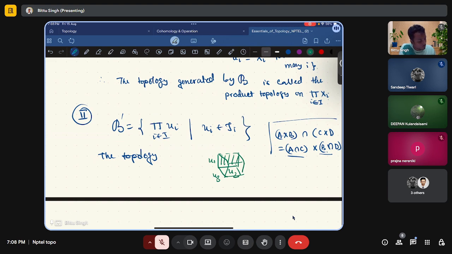The topology generated by B dash is called the box topology on this product Xi.